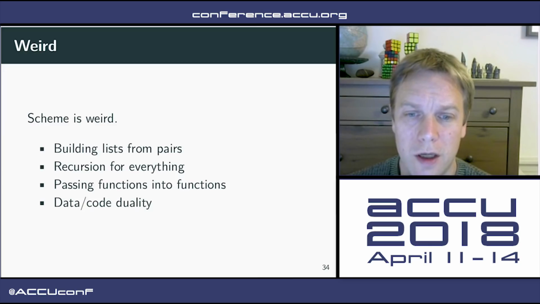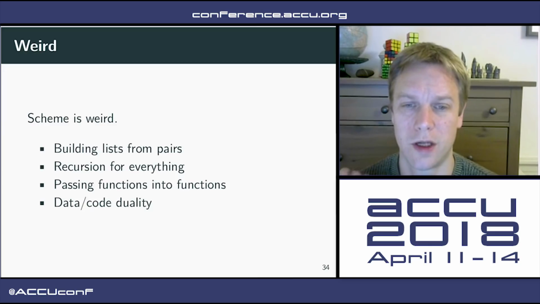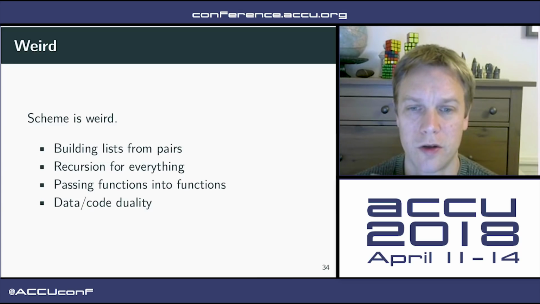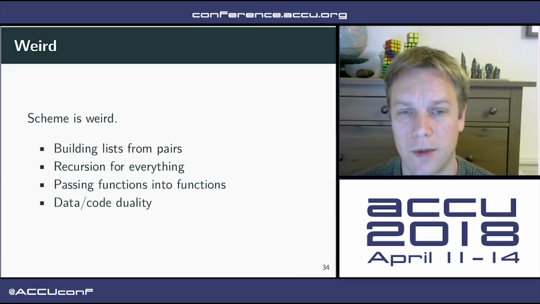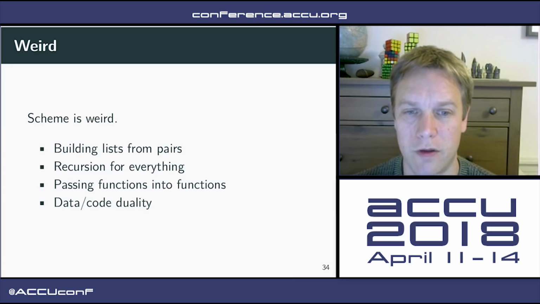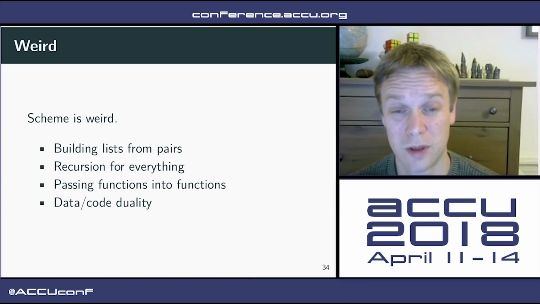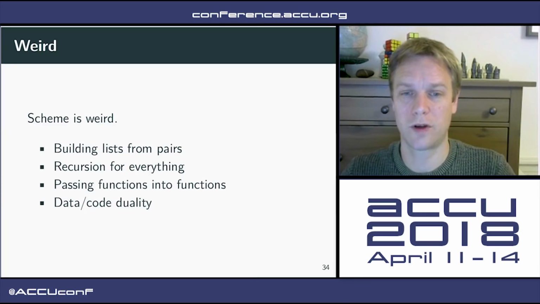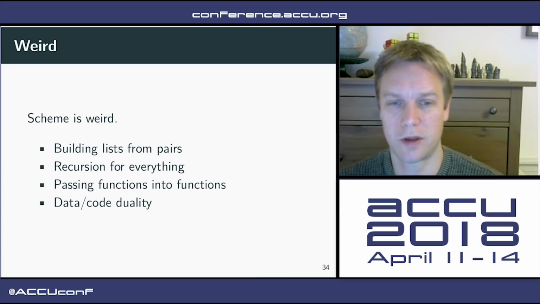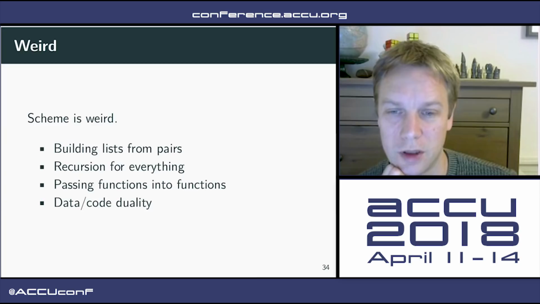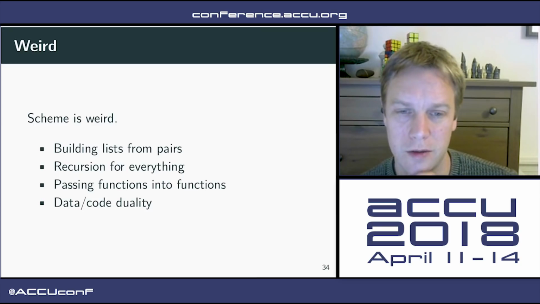You'll also find that we use recursion to do all of the interesting stuff when we're defining functions. We either use recursion ourselves or we call functions which are actually recursive. And if you're not used to writing everything using recursion, that takes some getting used to, but it's also pretty cool. You'll also find that almost everything we're doing involves passing functions into other functions and returning functions from functions, and that can get pretty hairy until you get used to it as well.